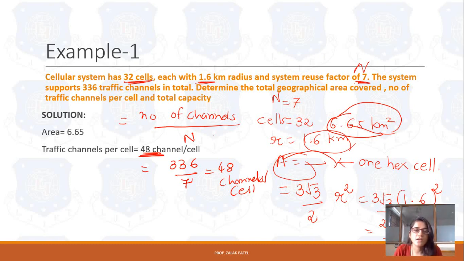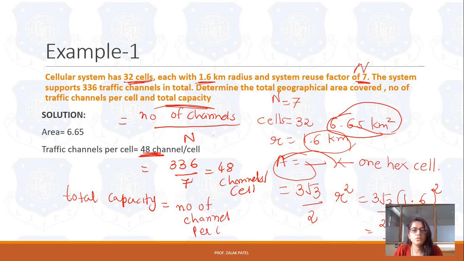So let's find the total system capacity. It is given by the number of channels per cell into the total number of cells.